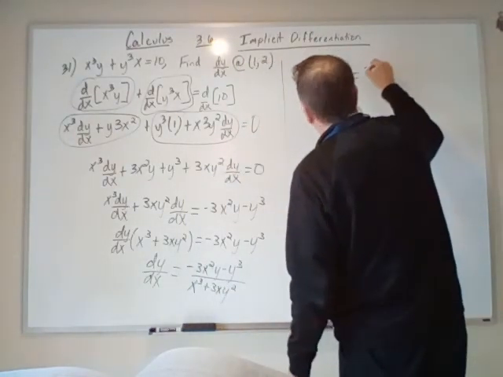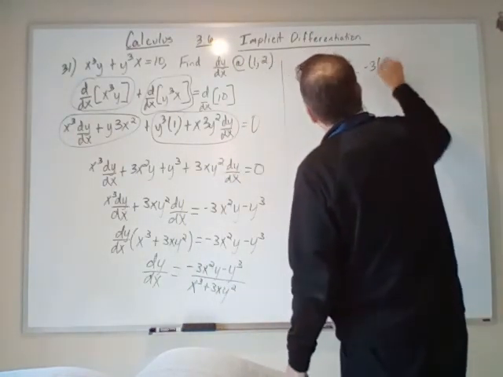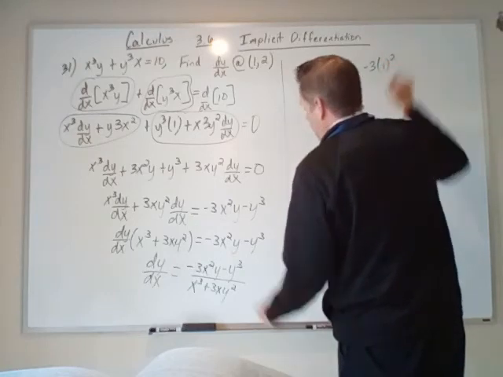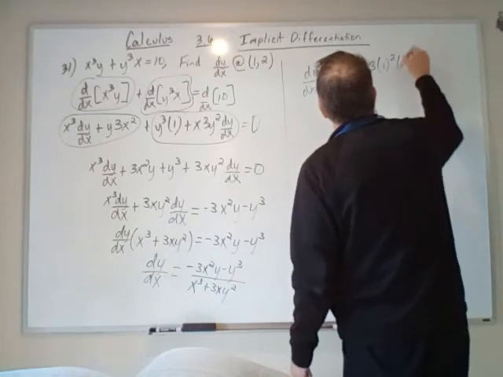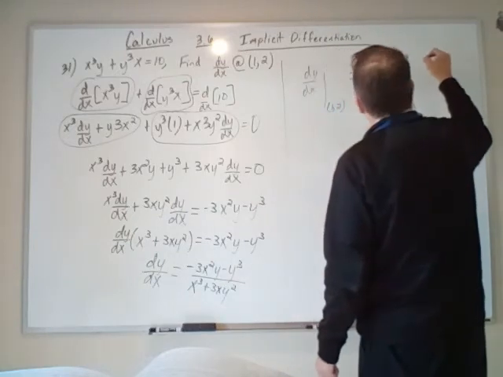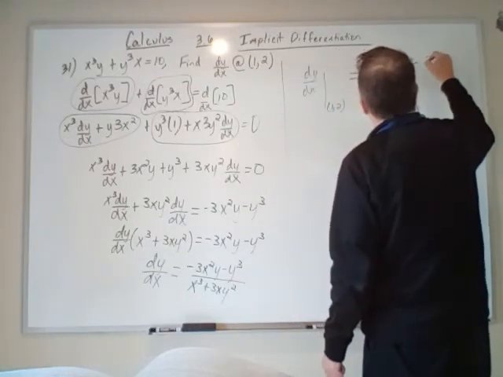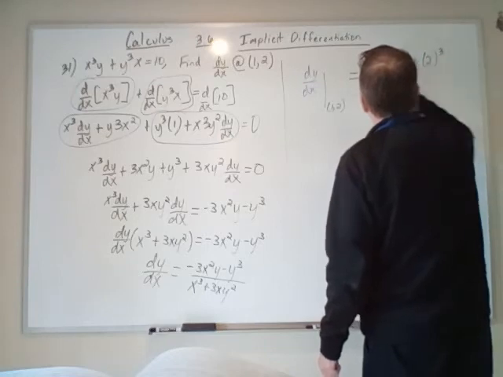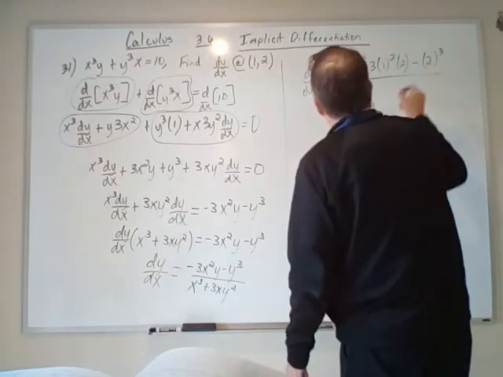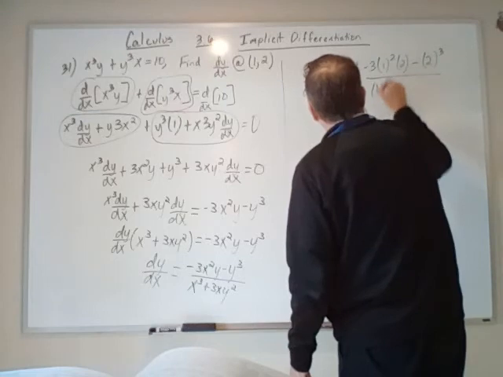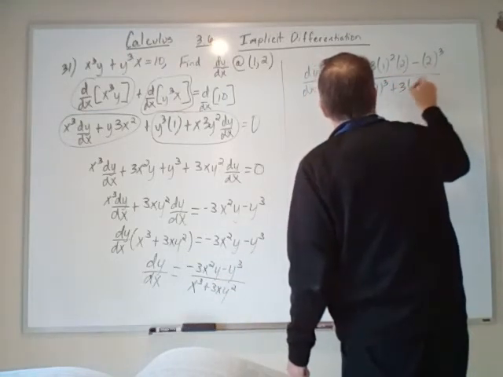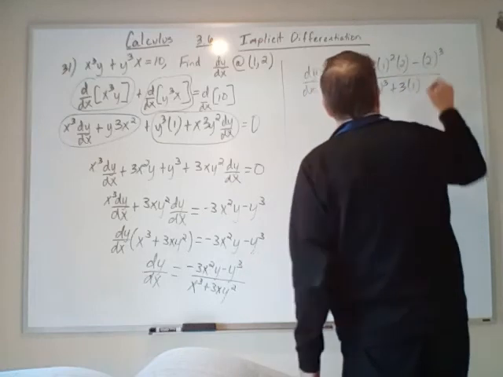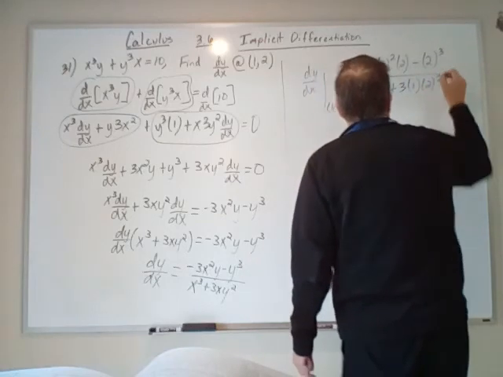So I've got negative 3 times 1 squared, 1 is going in for x, 2 for y, times 2 minus y cubed, y was 2, so that's 2 cubed, divided by x cubed, 1 was x, that's cubed, plus 3 times 1, that was x, and y was 2.